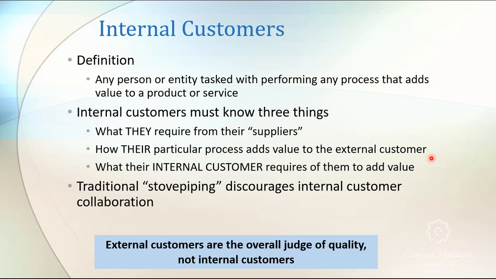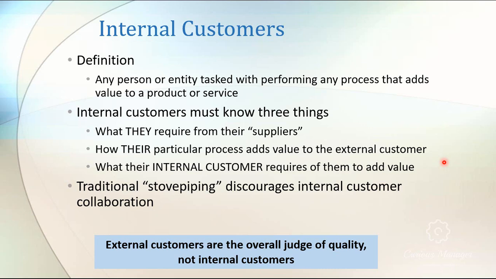This is an important step because in many cases I've seen where the internal customer strategy ignores this. And they say, well, I just need this to do my job and you're my supplier, therefore you need to provide this to me, without understanding how this input adds value to the external customer. In many cases, it's just a waste of time. Or their customer may be a manager that wants something a certain way.